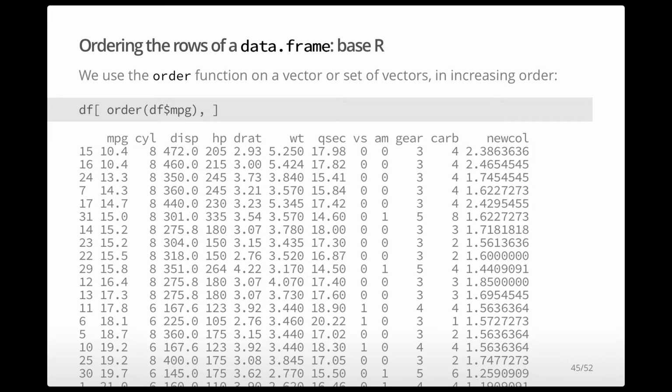So this is the way, in base R, how you reorder a data set based on a variable. You use the order function, you can grab the column, the vector, df$mpg, order it, and use it as a row index. And it will sort them. Let's look at miles per gallon, 10.4, and so on and so forth. They're in order. This is very confusing to a new user, in my opinion.